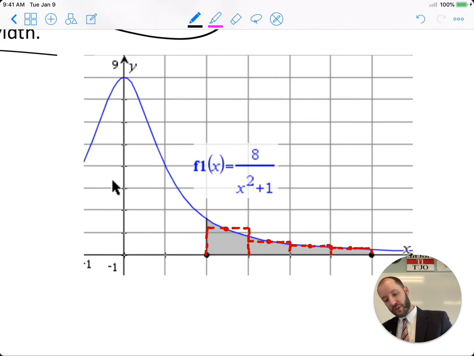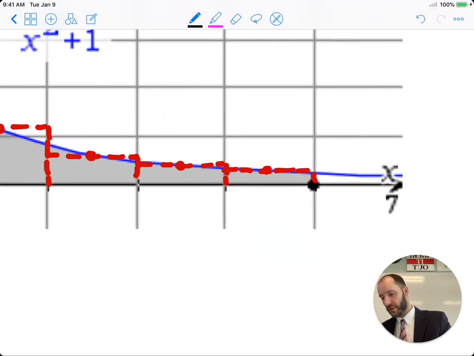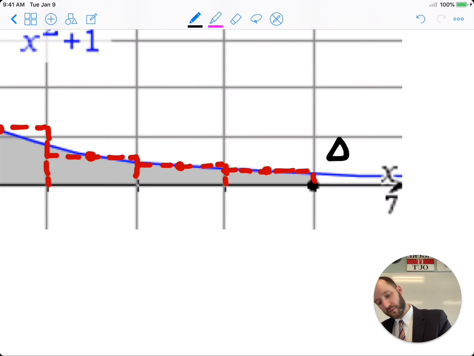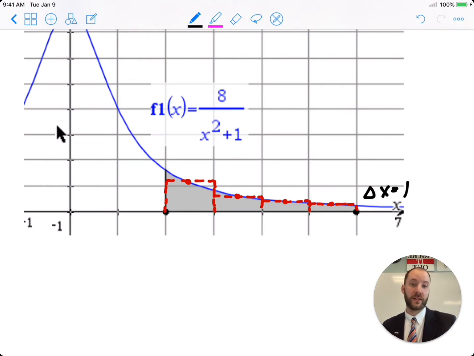So our intervals, we have delta x is 1, because we're going from 2 to 6. Alright, so 2 to 6, 4 total, 4 equal rectangles, delta x is 1.